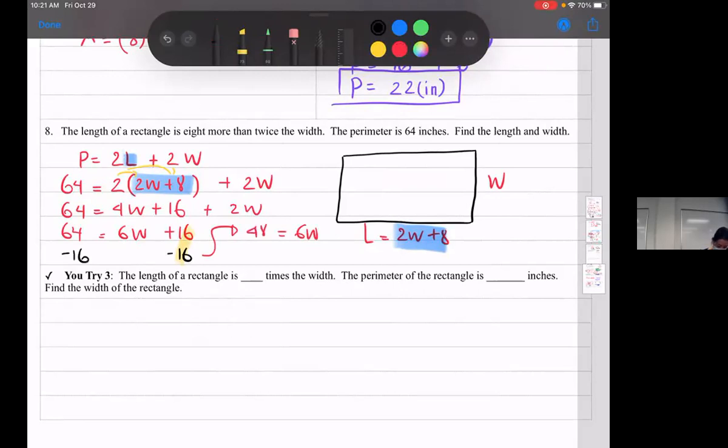Divide both sides by 6. W equals 8 inches. And L will be, say it again, 24 inches. Good. So length is 2 times 8 plus 8, which is 24.